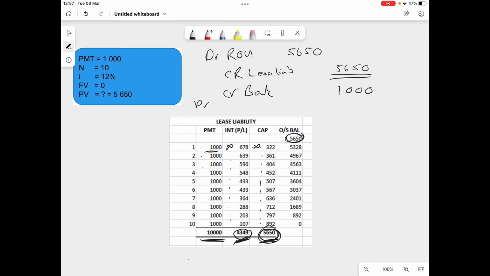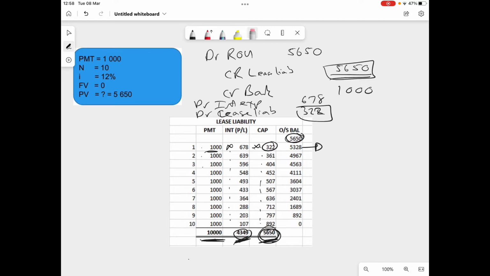Then for the first payment, we debit the interest expense in P&L of 678, and the other debit goes to the lease liability to decrease it by the capital amount, so that the lease liability balance is now sitting at 5328, decreased from the original amount of 5650.